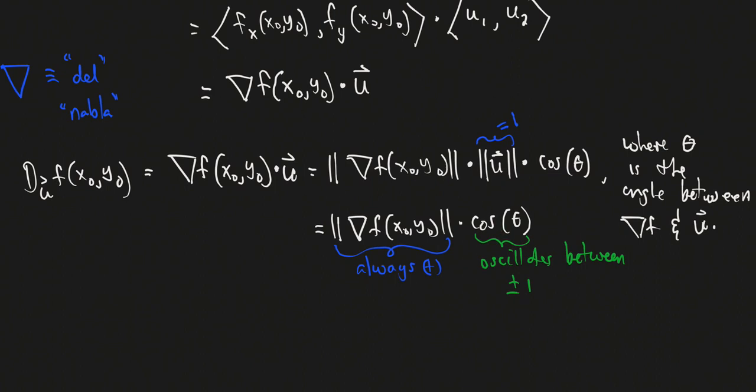Well, what value of theta will maximize cosine? Let's think about it. Cosine oscillates between plus or minus 1, so clearly positive 1 is its maximum. So cosine theta has a max value of 1 when, then we have to ask ourselves, what value of theta will produce that maximum value. Well, remember, since theta is the angle between two vectors, let's go back here.